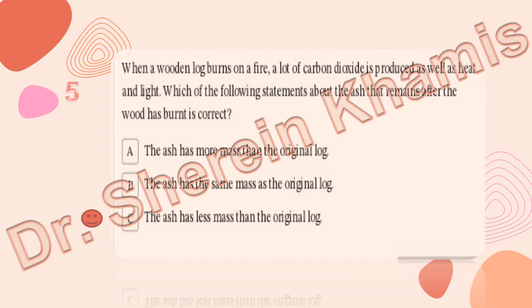If we want to get the total mass here, we can't achieve the law. Why? Because some of it is converted into gas that evolves in the air, and the rest remains as ash in the cup. The ash has less mass than the original wooden log, as some of it evolves as carbon dioxide gas. Okay, let's do question 6.